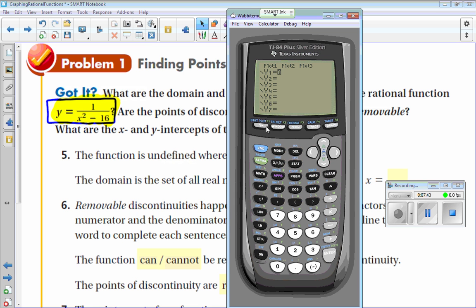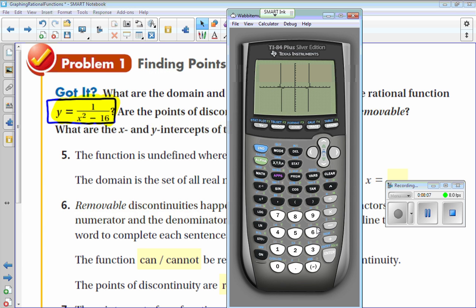So remember, if we go to alpha y equals, numerator, denominator, we can type 1 on the top, and then we would just say x squared minus 16. You might need to zoom standard just to be able to see here. It's kind of hard to see what that even looks like, okay?